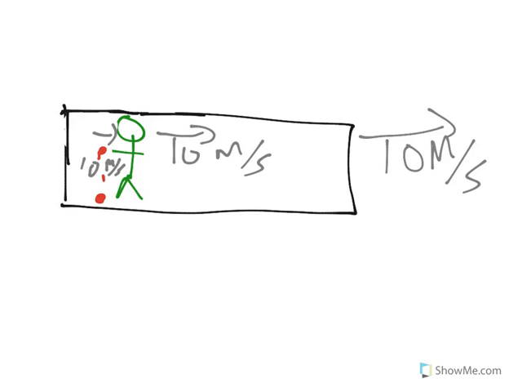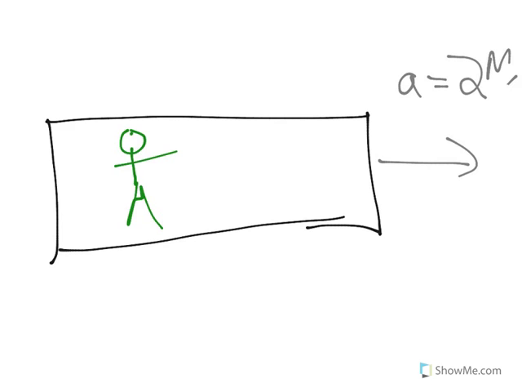Now, the last setup is if the boxcar is accelerating. So here we have the boxcar again, and you're inside the boxcar still. Let's say it's accelerating at 2 meters per second squared.